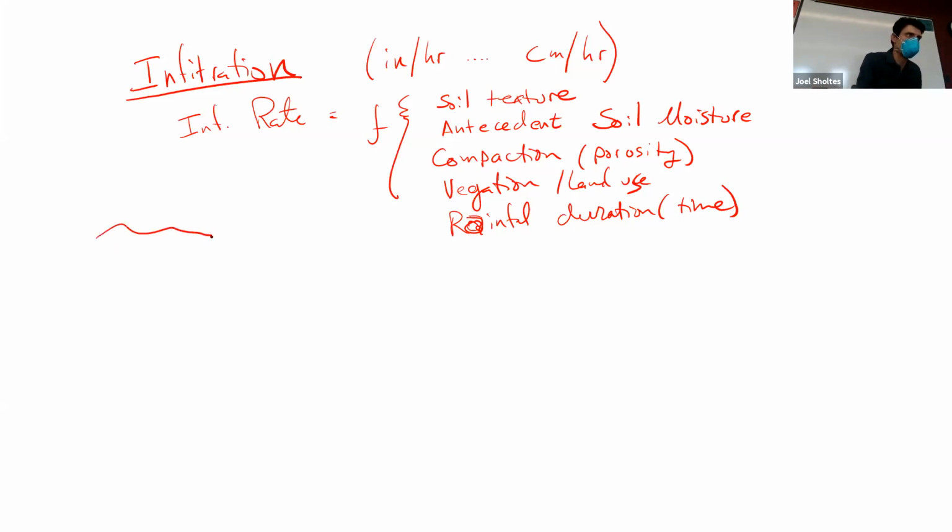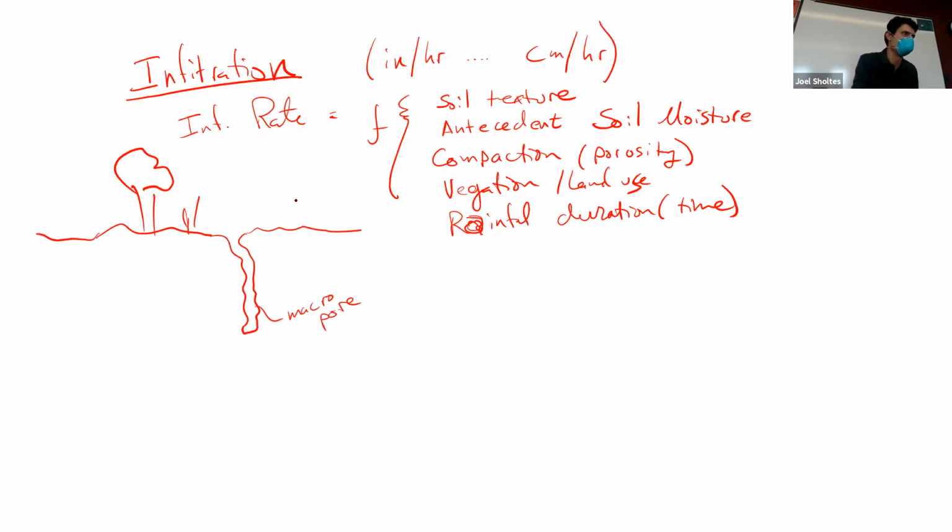All right, so we'll draw this a little bit conceptually. Here's some soil, we've got a nice tree, we've got some grass. We've got, this is not to scale, guys, a macropore from a root or something like that. And we've got little raindrops falling down. They're going to hit the soil, go into the pore spaces of the soil, go into these macropores, and then fill in the pore spaces along the macropores.